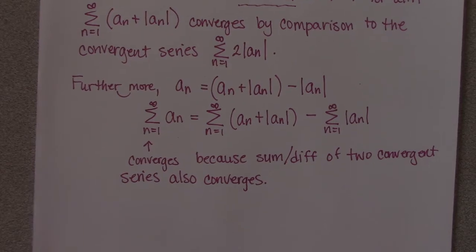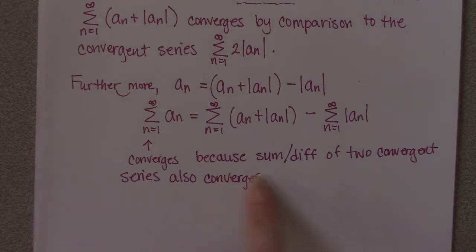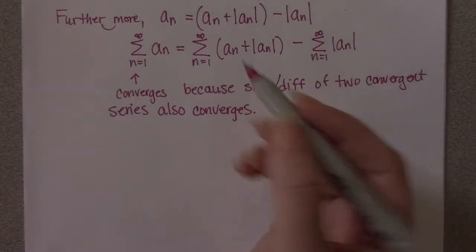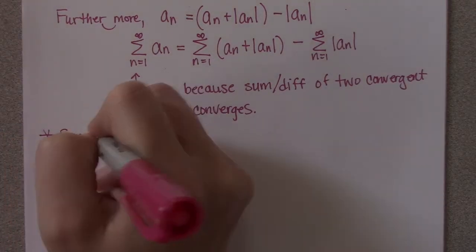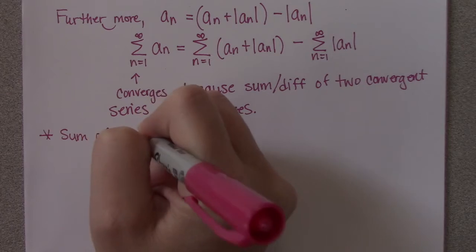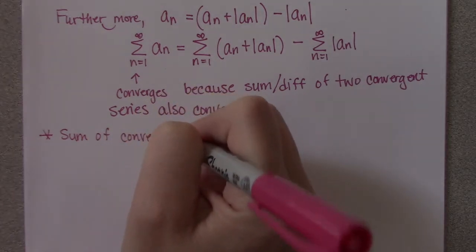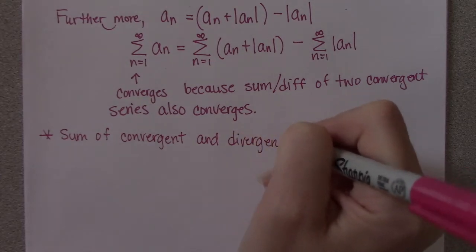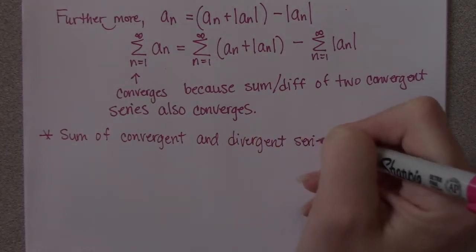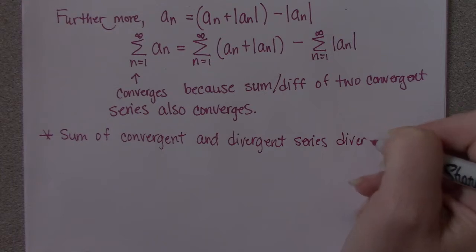So we can say here, the sum of two convergent series also converges. And we can add a caveat just to know: the sum of a convergent and divergent series diverges.